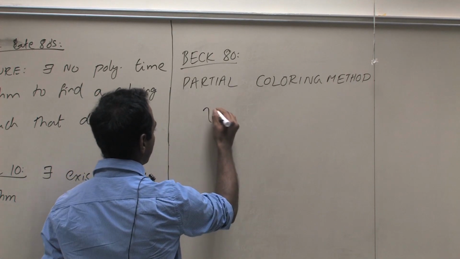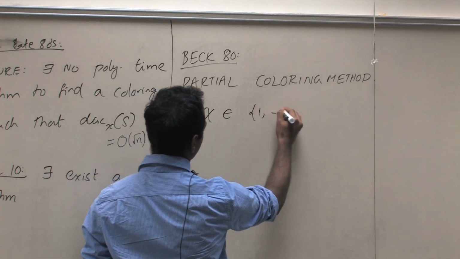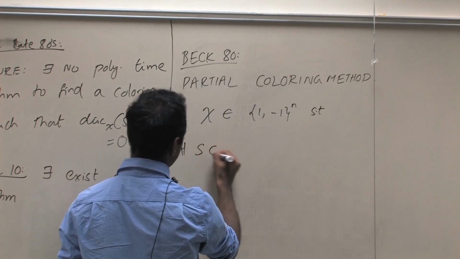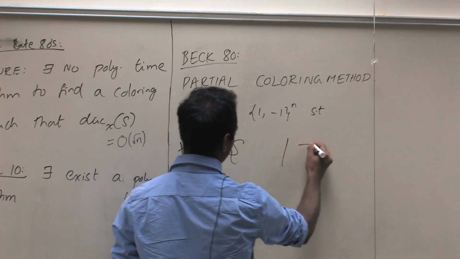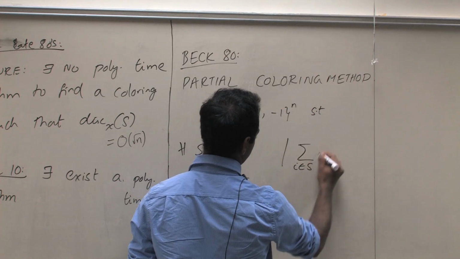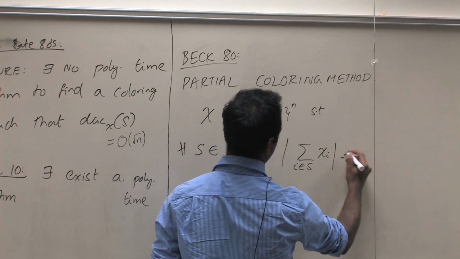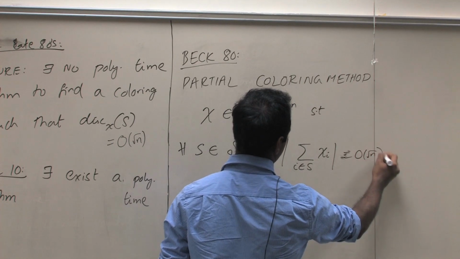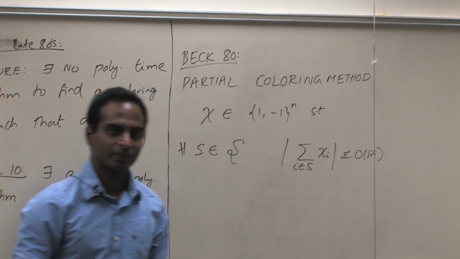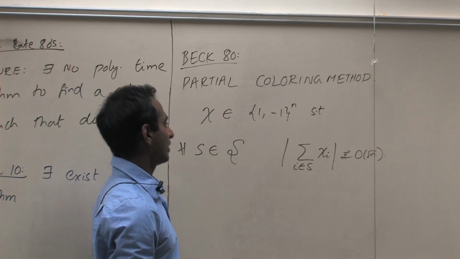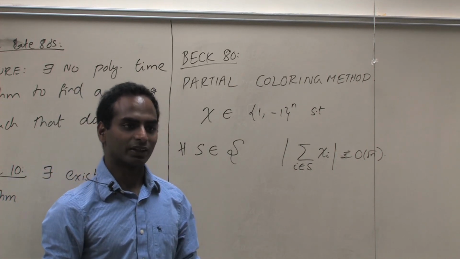What we want is a vector chi in {1, -1}^n such that for every set in your set system, the summation of the elements is O of root n. So this is our goal, and Beck suggested, okay, it's too hard to find a 1, -1 coloring.